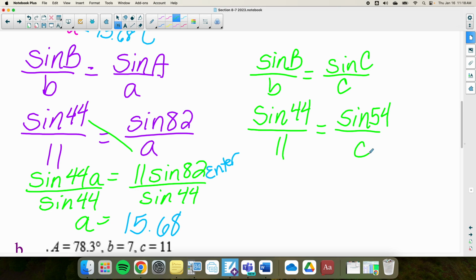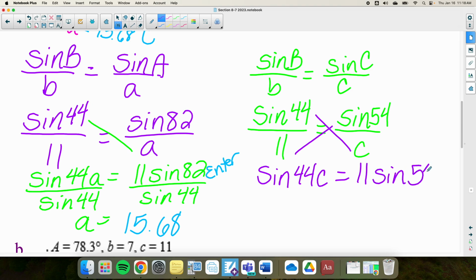So then I do cross products. So here if I multiply this, I have sine 44 c equals 11 sine 54. And then I'm solving for c, so I divide by sine 44.